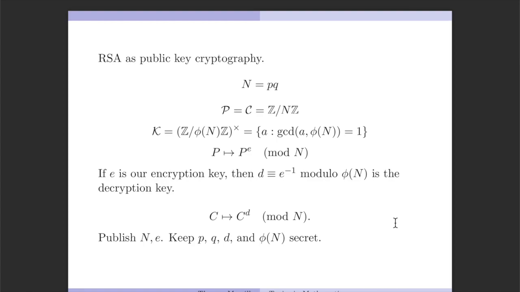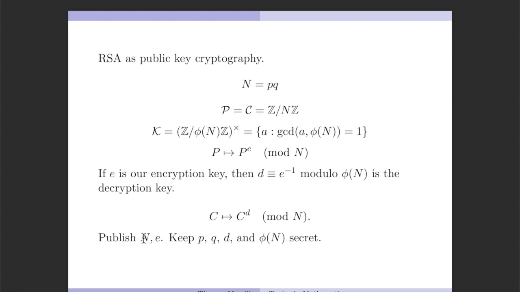This is a public key cryptography system because I can publish the encryption key, e, without giving away what the decryption key is. In that way, any person in the world can encrypt a message using this system as long as they know my key. But in theory, I will be the only person who knows the decryption key, which means that I will be the only person who can decrypt.